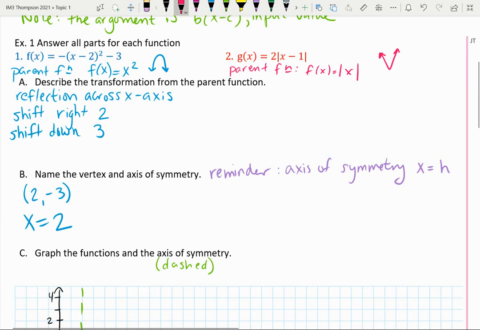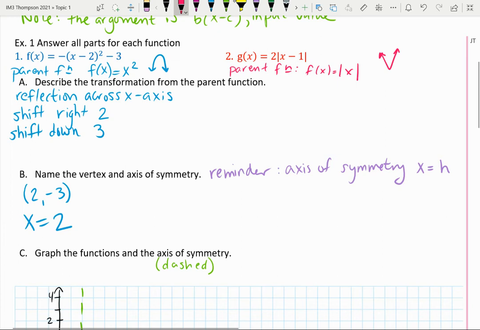Okay, let's see what you can mentally give yourself kudos for, points for. Describe the transformation from the parent function. So in this case, there's actually only 2 transformations. The 2 changes from the parent function, and then the -1 changes from the parent function. So there's 2 transformations.